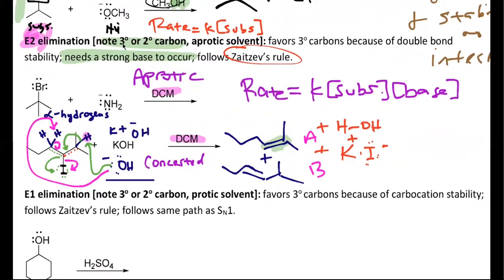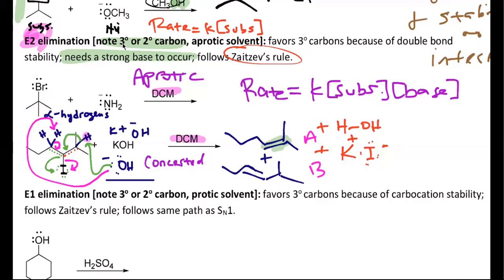All right, good job. Yeah, so you have to use an aprotic solvent, and again, the rate is second order overall. And then another piece of information about the E2 is that it follows what we call Zaitsev's rule, right?